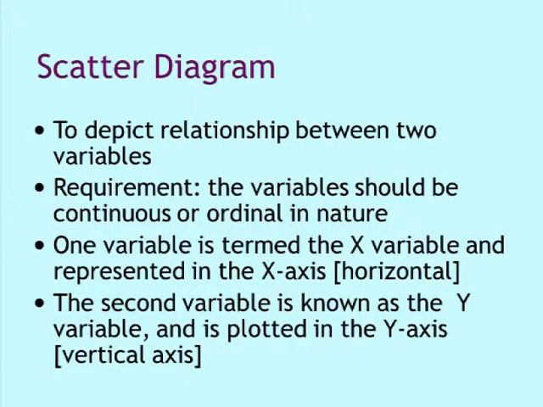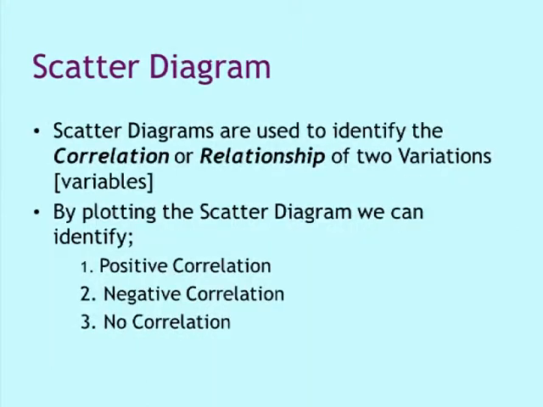The first variable is called the x variable and the second one is the y variable. The x variable is generally represented on the x-axis, that is the horizontal axis, and the y variable on the vertical axis. So these scatter diagrams are used to identify what we call a correlation or relationship of two variables.